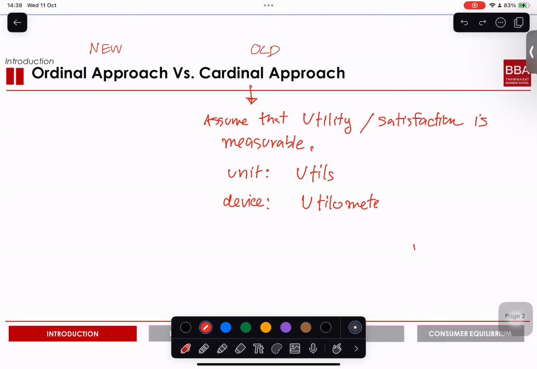This approach assumes that we have a device called utilometer, like a thermometer. And then when you consume, let's say, eat food or do some activities, you can use this electronic device to measure the level of your happiness, like you measure the temperature, Fahrenheit or Celsius. And the unit of measurement is joules. Sounds very funny, yeah, but that's the old approach. Start with assuming this thing.